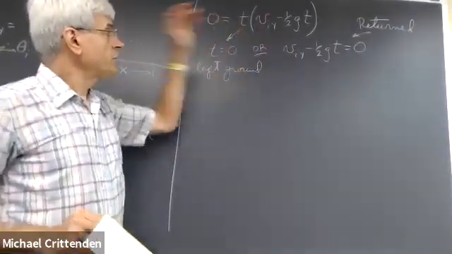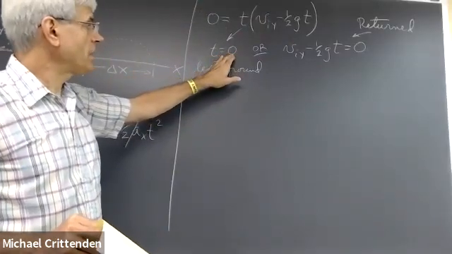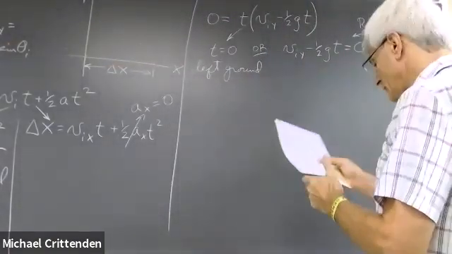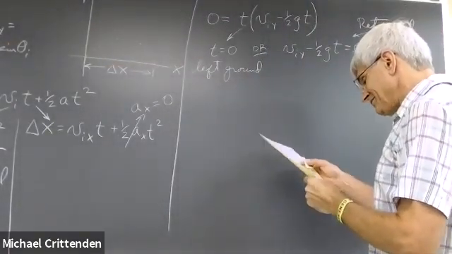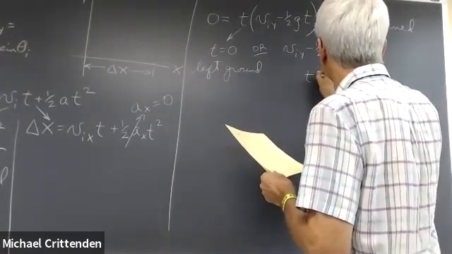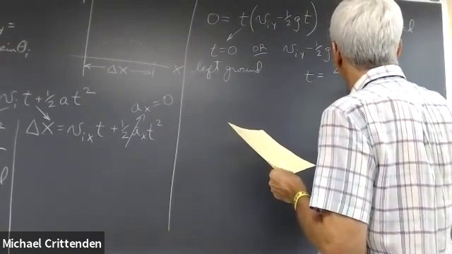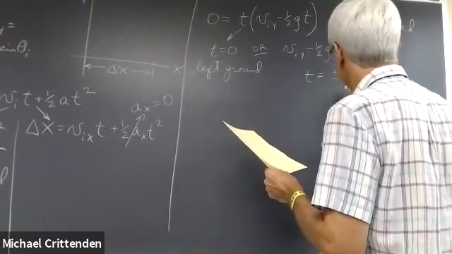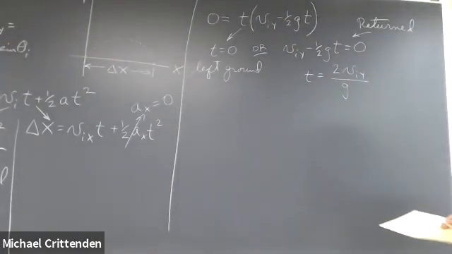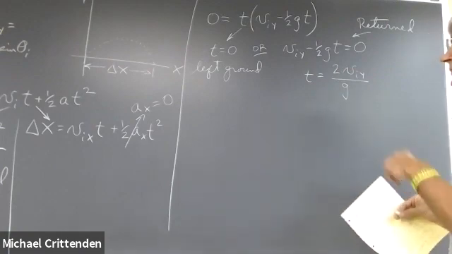So the equation has two roots. One of them is when delta y equaled 0 as it was leaving the ground. The other one is when delta y equaled 0 when it returns to the ground. Solving this for t, I sort of did a couple of things at once there because I'm running out of space.